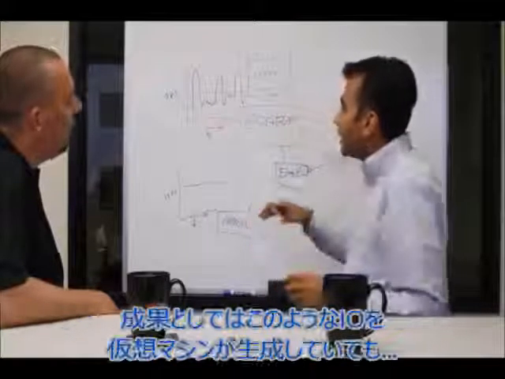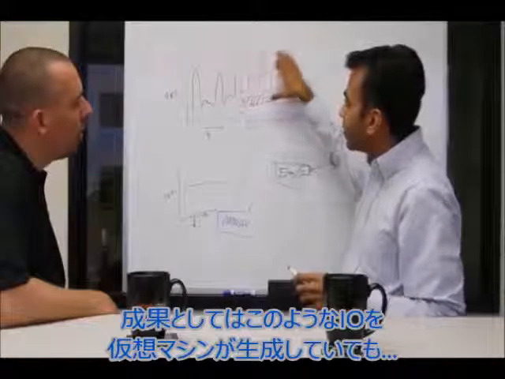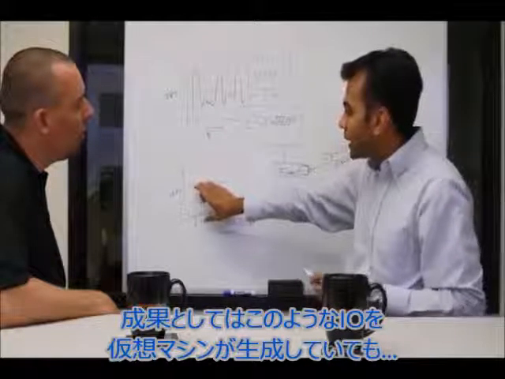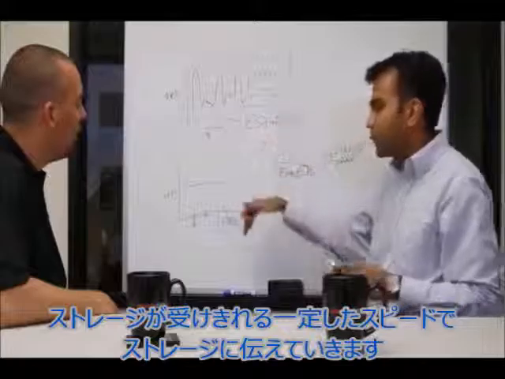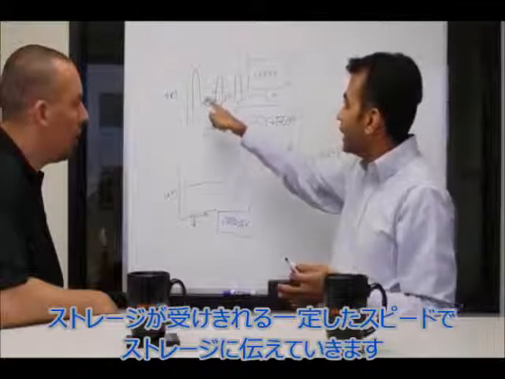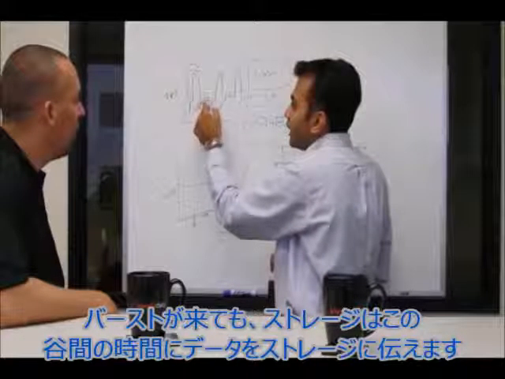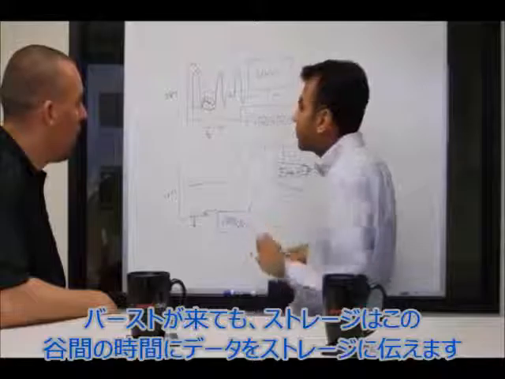So in effect you've ironed out the traffic that the virtual machine generates into a very steady rate of input into the array, which the array can react to very well, as opposed to that, where the array gets overwhelmed in these parts and then is too idle in these parts.